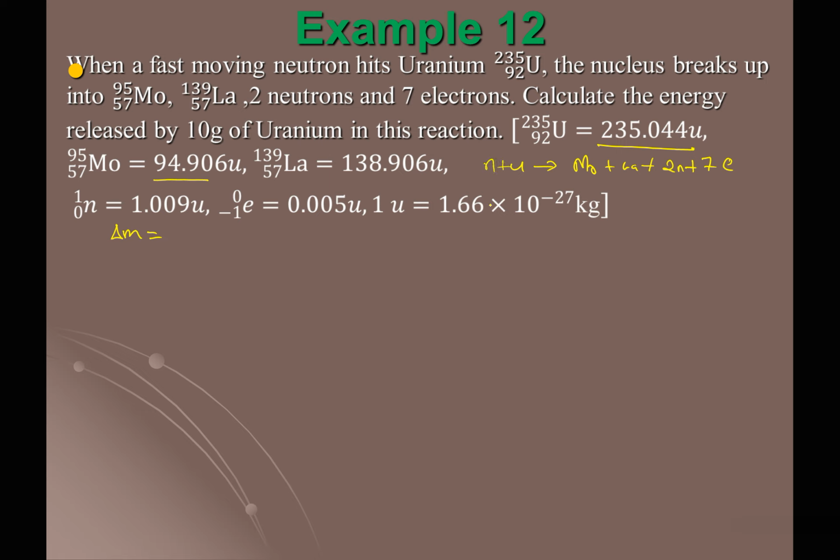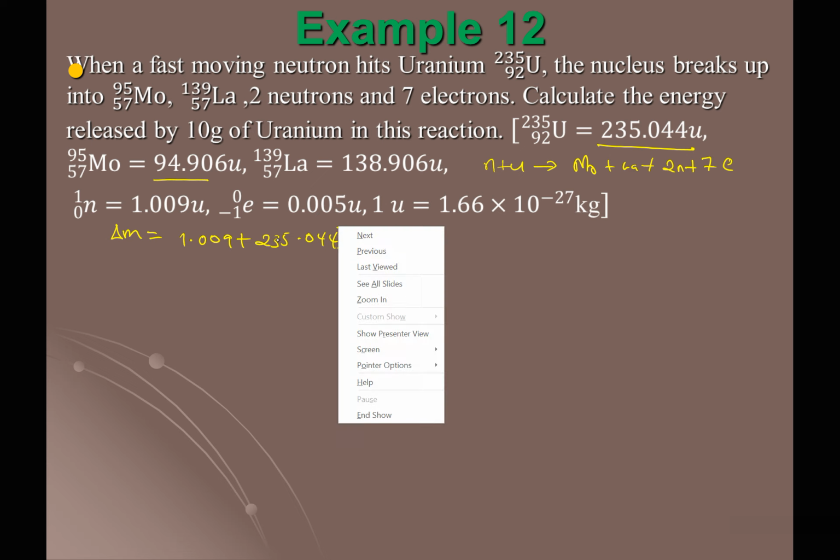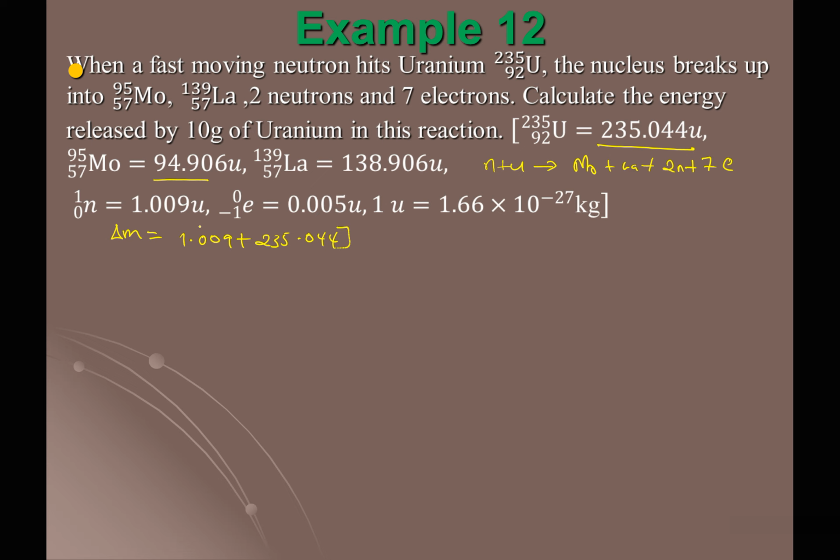So on the left hand side I have a neutron, 1.009, plus uranium, which is 235.044. I'm just finding the difference in mass.